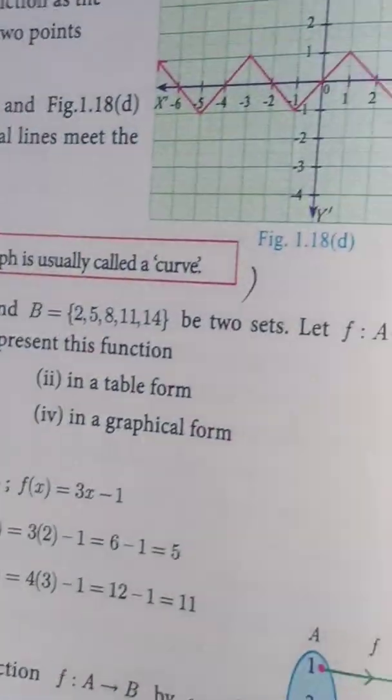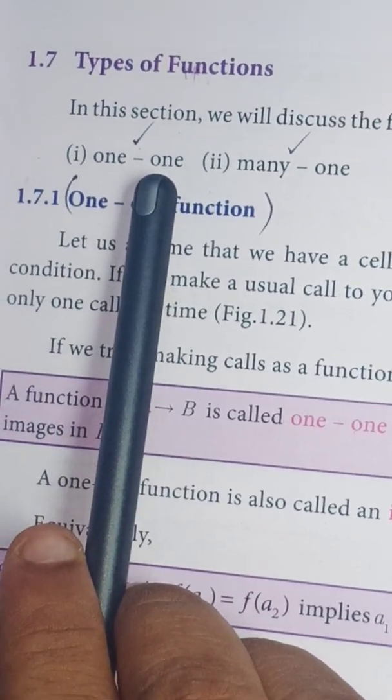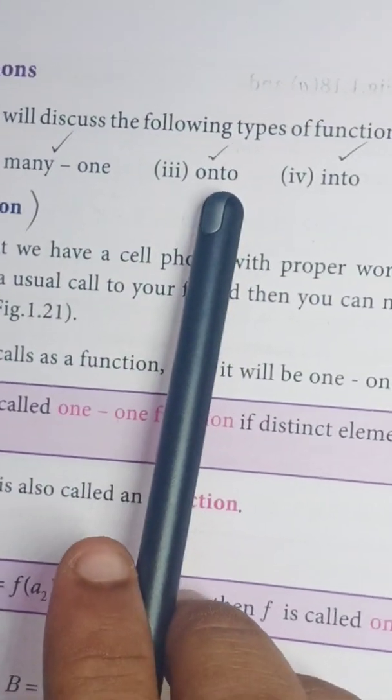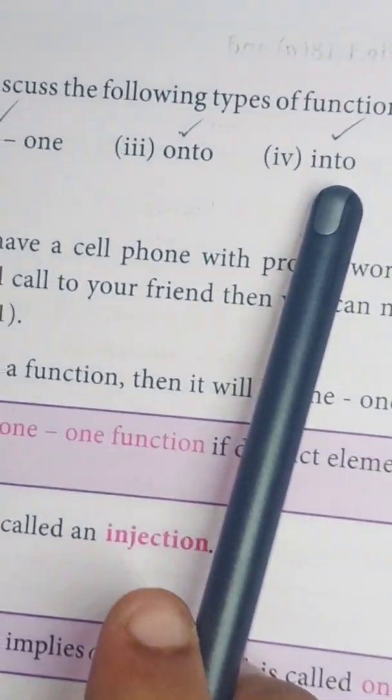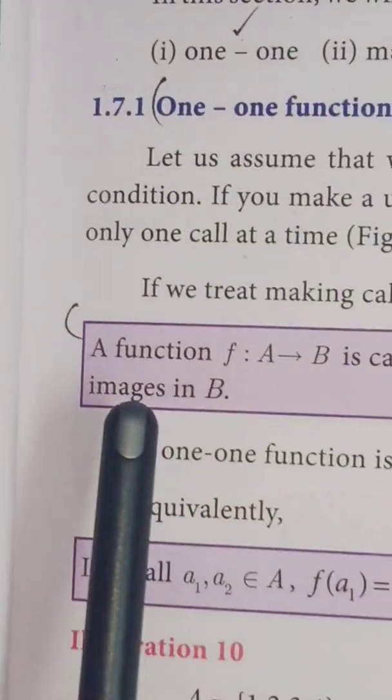Now different types of functions. First one, one-to-one function, many-to-one function, onto function and into function. We start with the one-to-one function. Okay, listen.